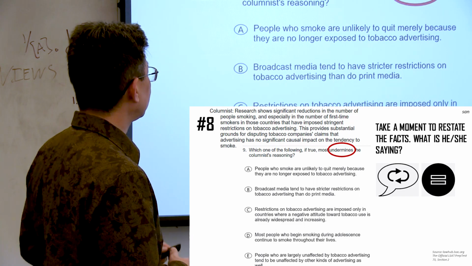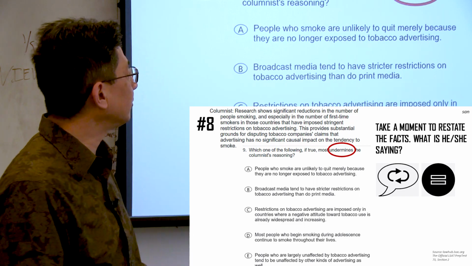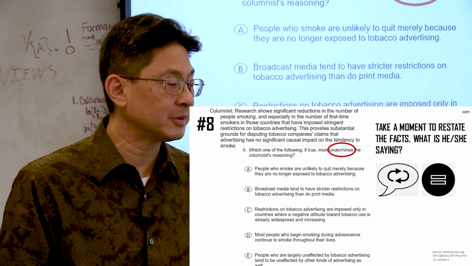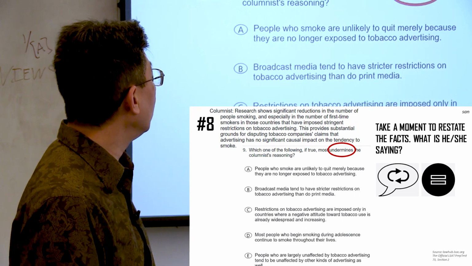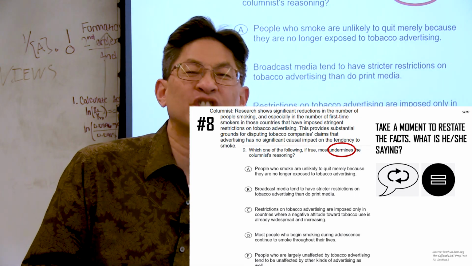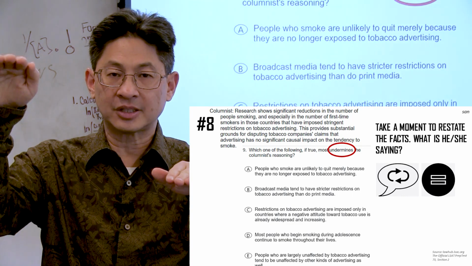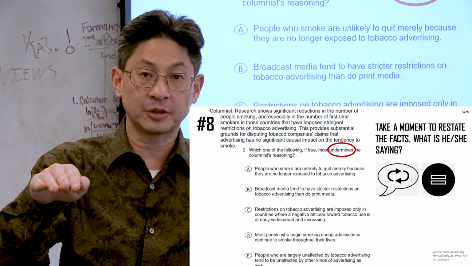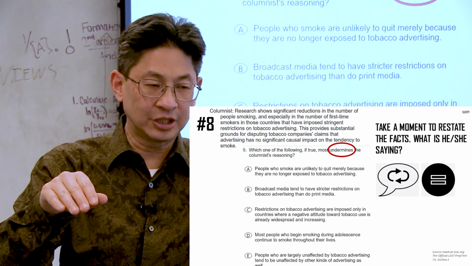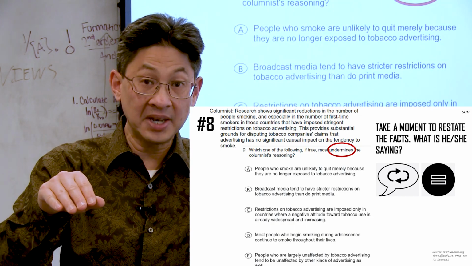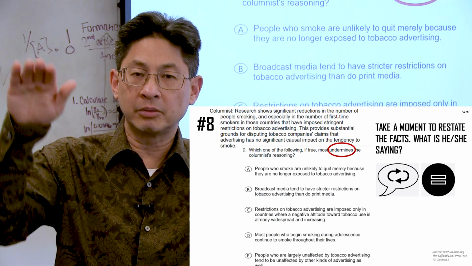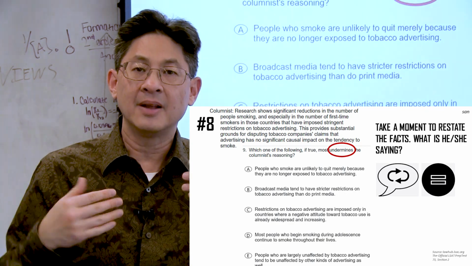But the research is showing that the number of people who smoke, and really first-time smokers, is very low when countries impose restrictions on ads. So you're seeing lower advertising means lower smoking, in certain countries. So if we reduce the ability to run ads by tobacco companies, we will reduce the amount of smokers. That's the claim.